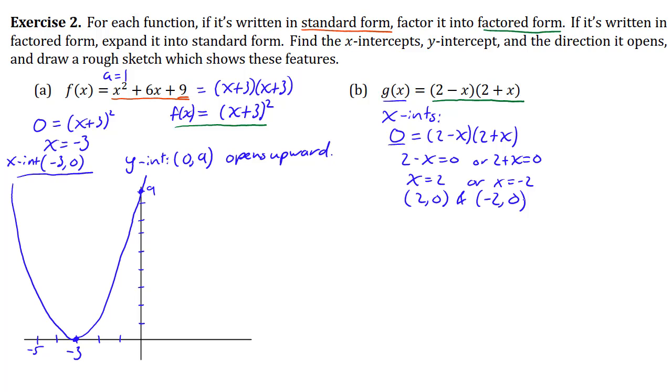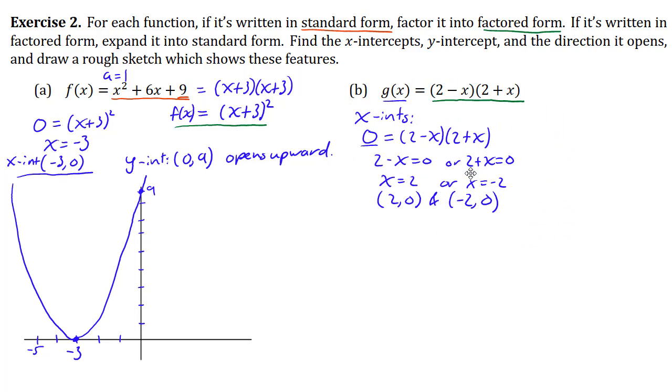All right, so that's the x-intercepts. And to get the y-intercept, it will help if it's written in standard form. So to get it in standard form, I'm going to FOIL it out. There's going to be a 2 times 2 is 4. And then we have minus 2x from the minus x times 2, and then a plus 2x from over here. And of course, those cancel out. And there's also a minus x squared. So that just gives you 4 minus x squared.